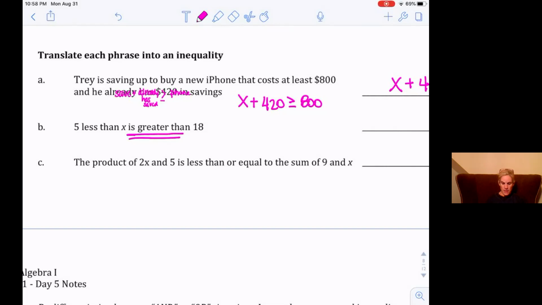Less than means subtraction. Less thans and more thans are a little confusing because really what you have to do is flip-flop their order. So I have to start with x and subtract 5 from it. So that would say x minus 5 is greater than.